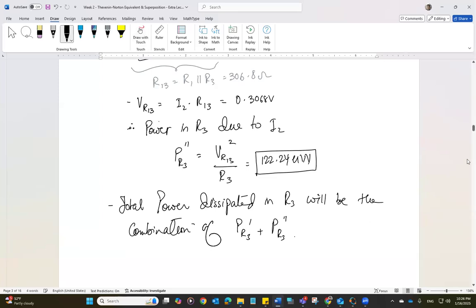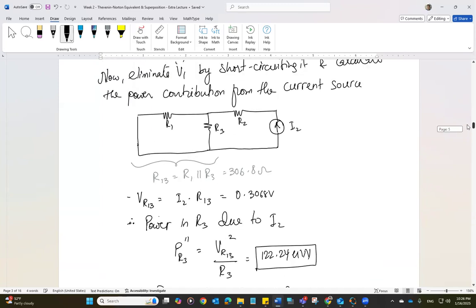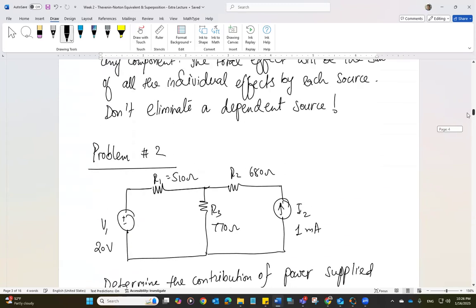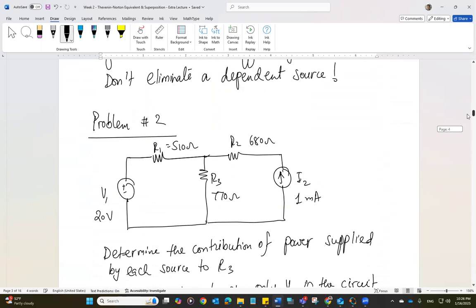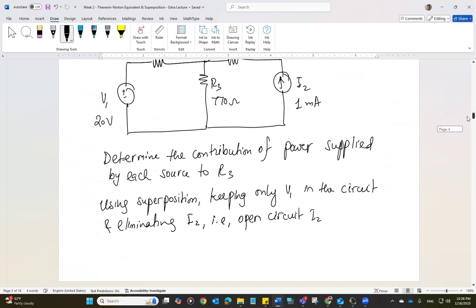Okay, so that's a simple problem to show how you can carry out superposition on a circuit. Superposition is a linear rule. That is, if your sources are linear, or you can apply Ohm's law basically. Ohm's law is a linear law.